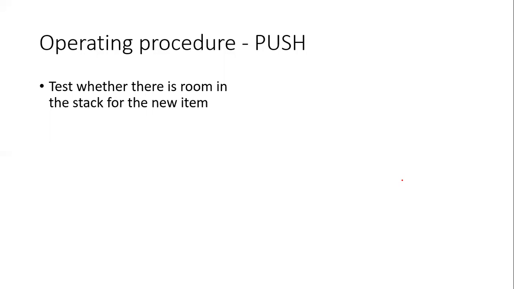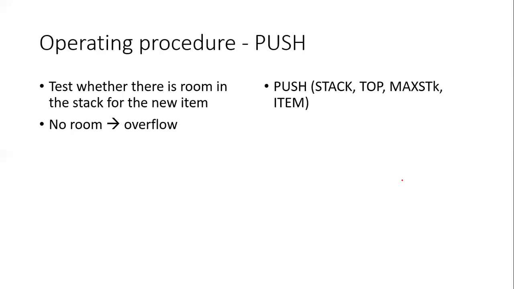So first, we test whether there is room in the stack for the new item. Then only can we implement the push operation. If there is no room, that means the stack is overflowing. That means the top has reached the maximum stack pointer value.